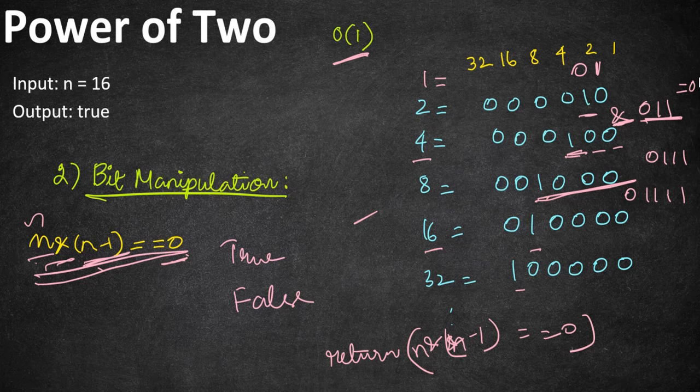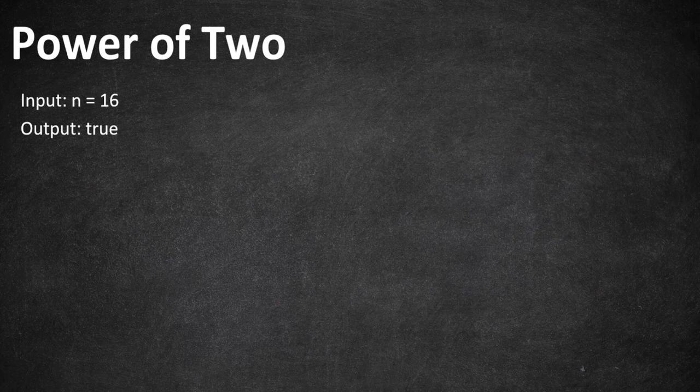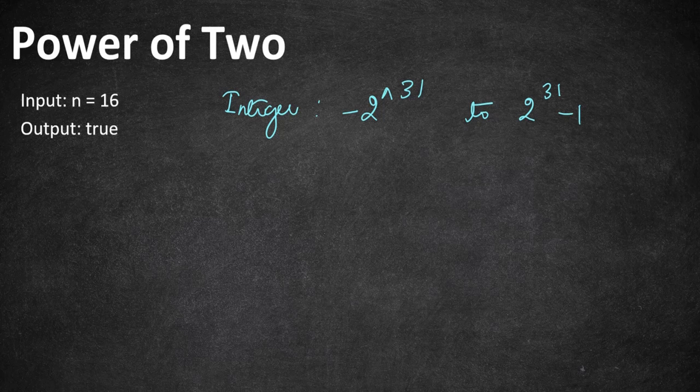There is also one more method to discuss. So let's see that before getting into the coding part. Another interesting way of getting it solved is by using the advantage of the integer data types in the language we are using. Usually the integer value in Java or any programming language would range from minus 2 power 31 to 2 power 31 minus 1.